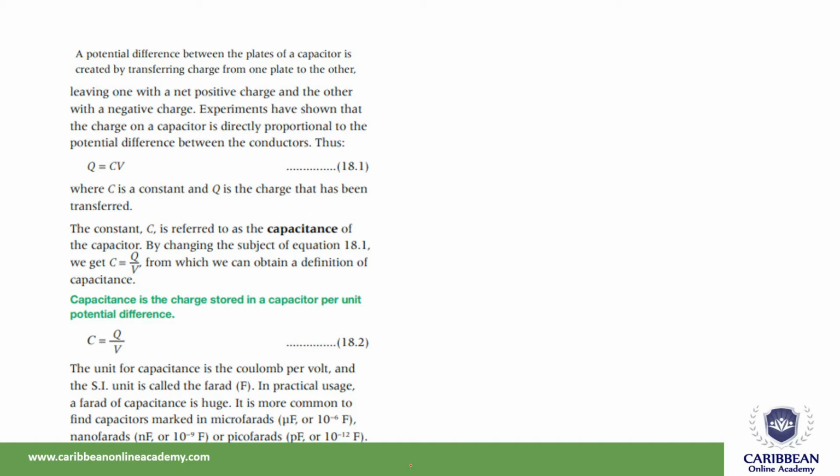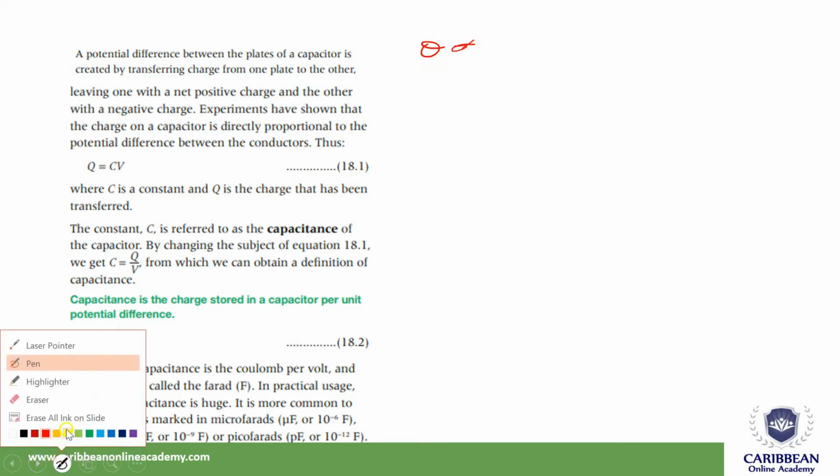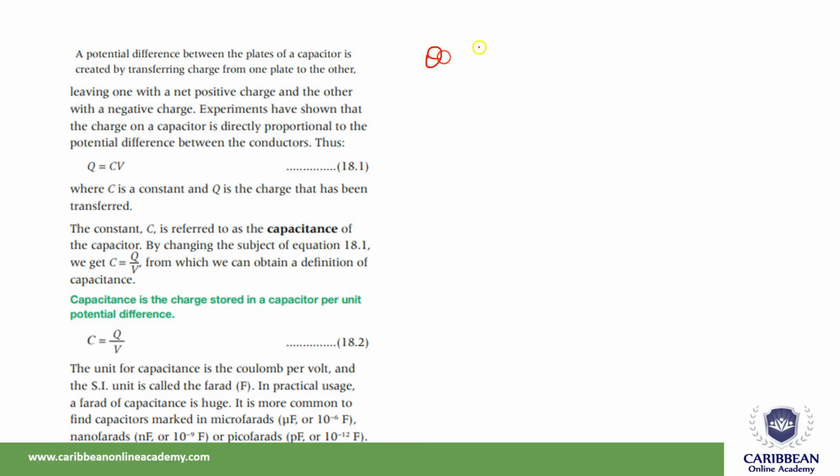And in total, we're saying that the potential difference across the capacitors is also going to be directly proportional to that. Whenever we have a directly proportional relationship, so if Q is directly proportional to V, then there's always a constant, a constant of proportionality.